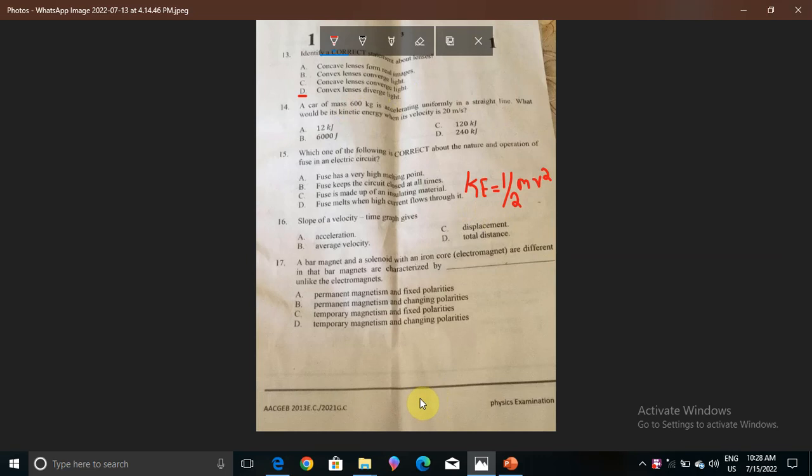Now kinetic energy is equal to 1/2 times 600 times 20 squared, which will be 400.